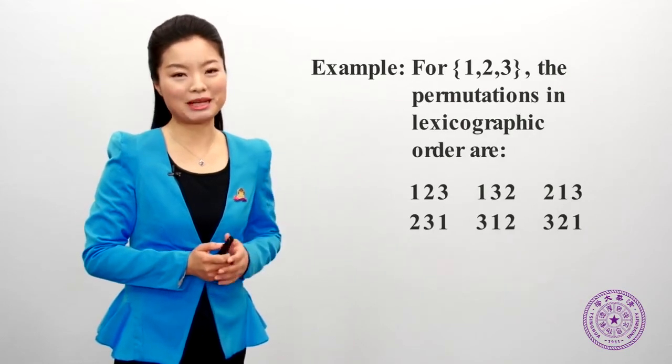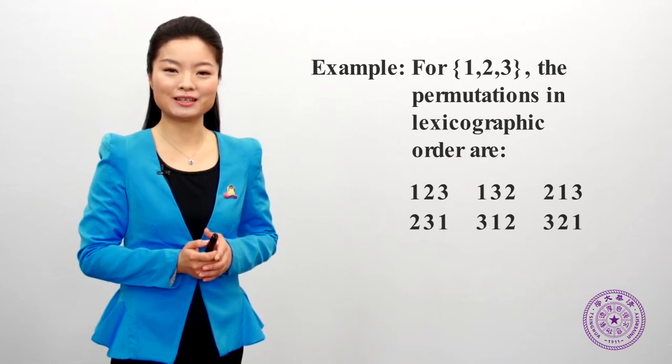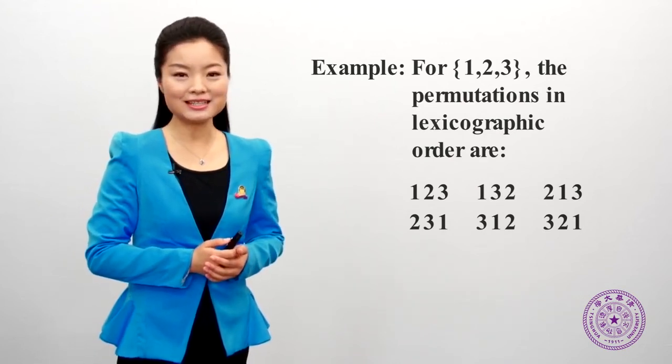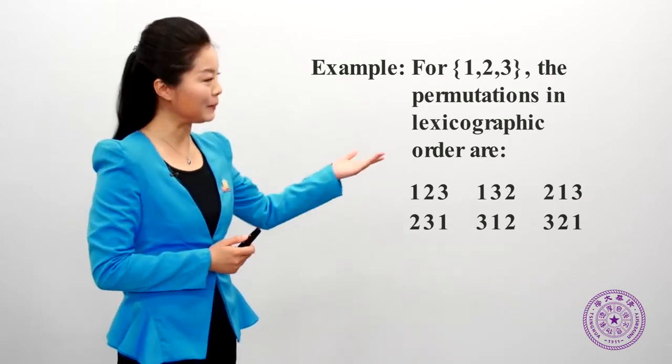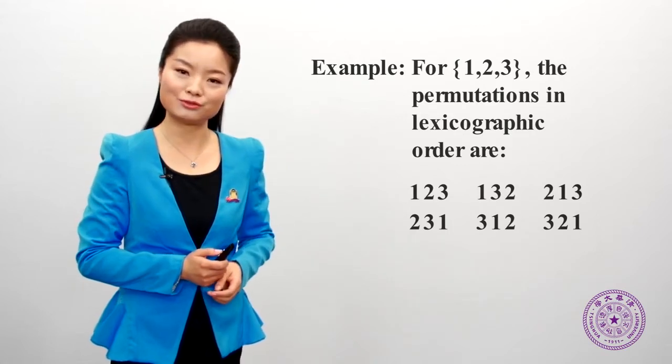In order to make it clear, we use numbers instead of letters to analyze it. For example, for the 3-digit number 1, 2, 3, among all the 6 permutations of 1, 2, 3, let's analyze how to construct them in lexicographic order.